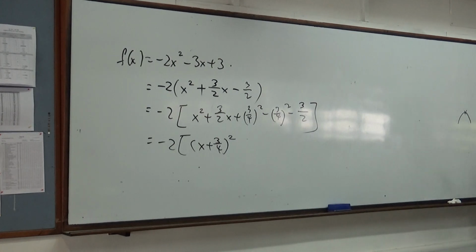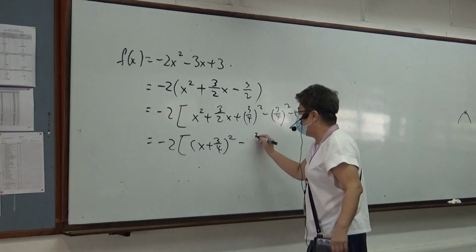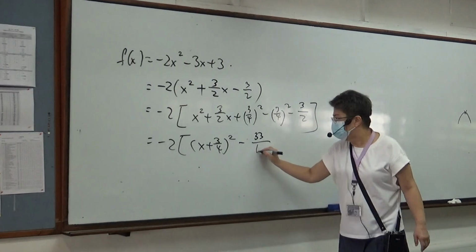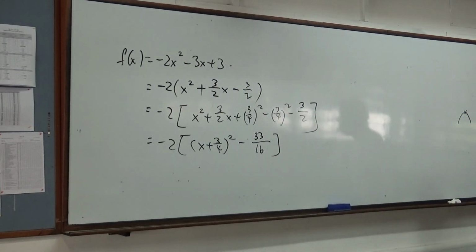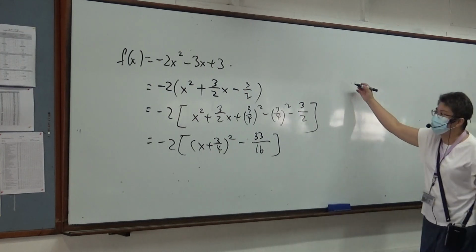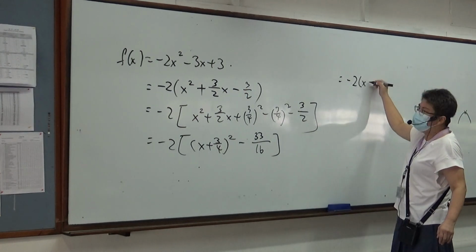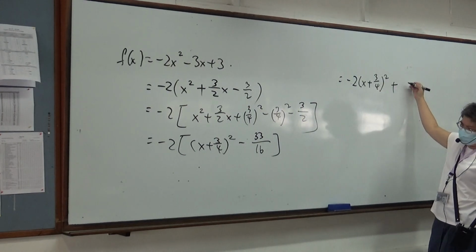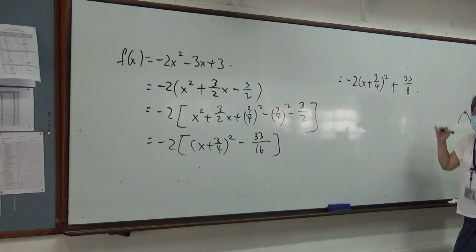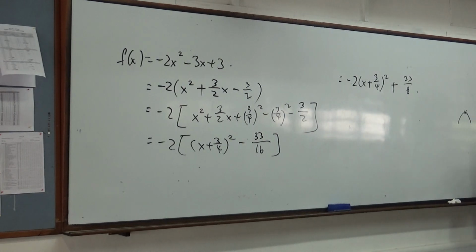Minus what? 33 over 16. Is this correct? We leave it like that? No. So what should we do? Negative 2 (x plus 3 over 4) squared plus what? 33 over 8. Very good. Must be careful here. Understand?